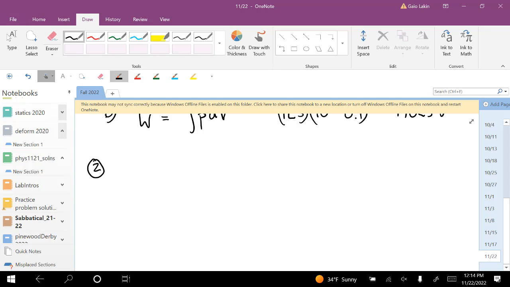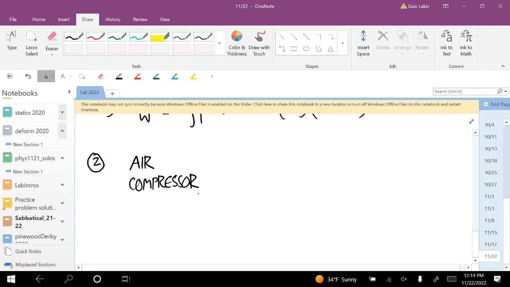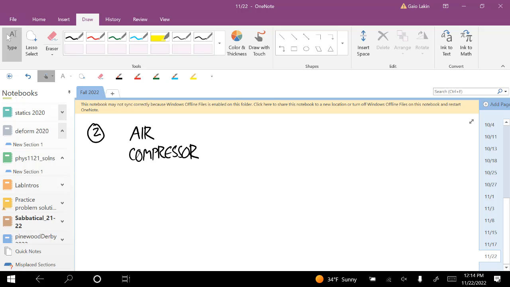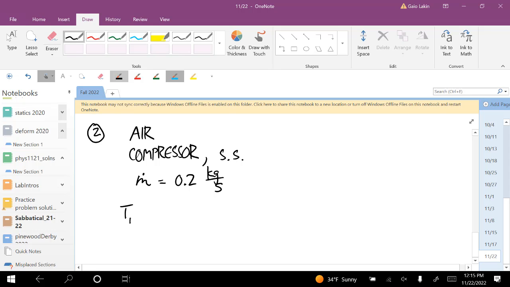And then the second one is air, and it's a compressor. And it's a steady state compressor, so we'll be able to simplify some stuff from that. The mass flow rate is 0.2 kilograms per second. The temperature at the inlet is 290 Kelvin.